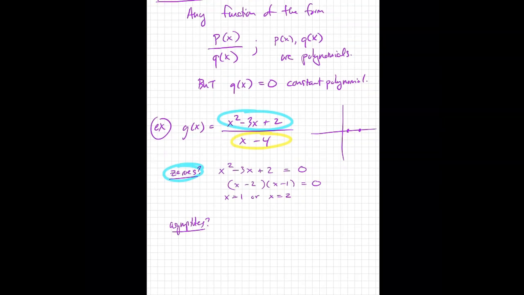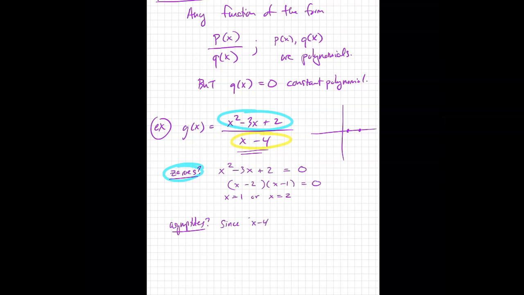And asymptotes, what asymptotes do we have? Well, we have a vertical asymptote here at x equals 4 because x cannot equal 4. Let me put it like this.